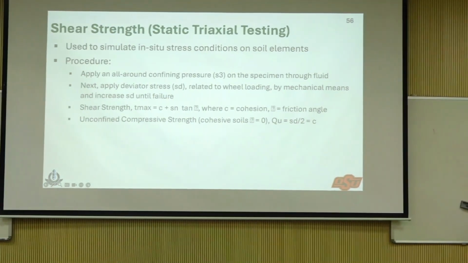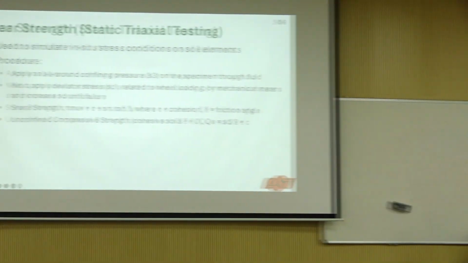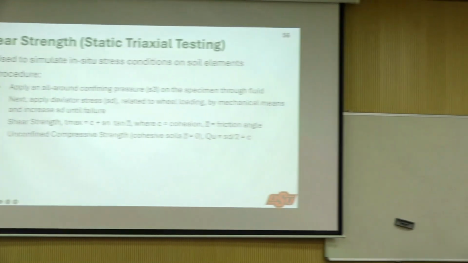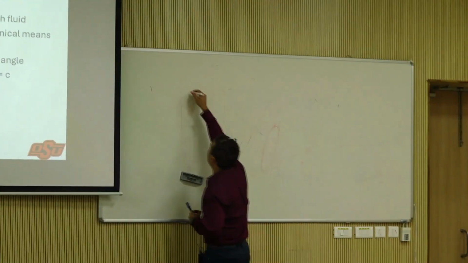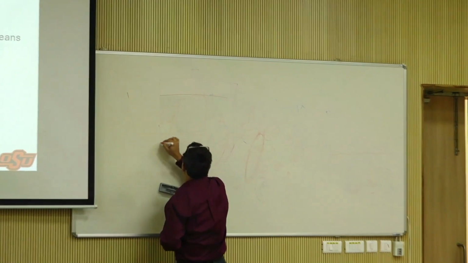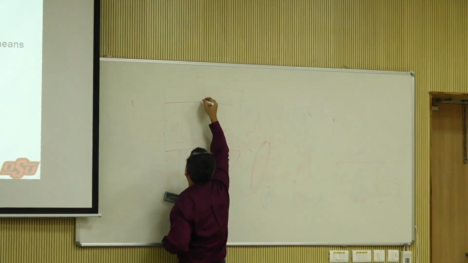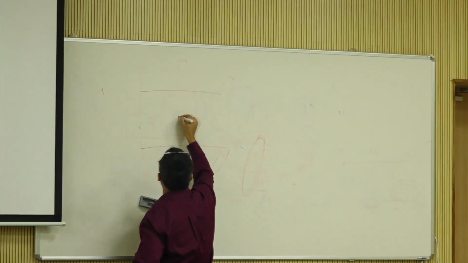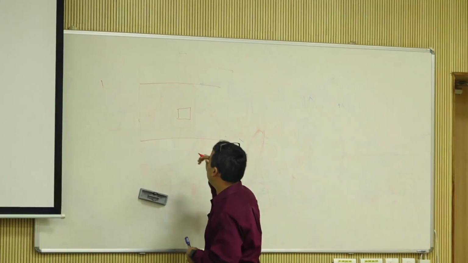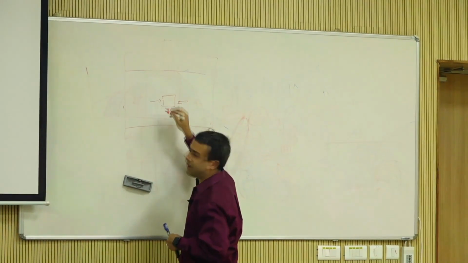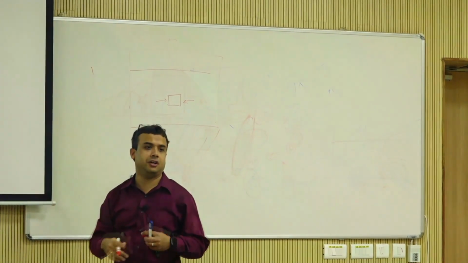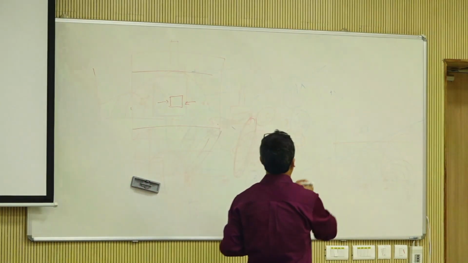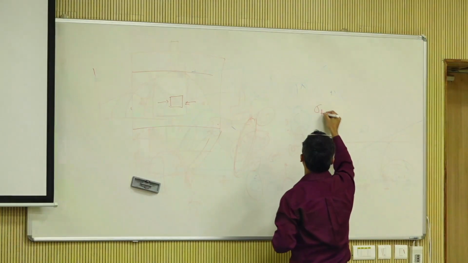A couple of questions for you to pay attention to: we said that we also do what is known as the unconfined compressive strength test for pavement subgrades, right? And unconfined compressive strength is when there is no confinement. But if you are inside a layer, in a geotechnical engineering concept, and you're talking about a soil element here, the confining stress is because of the surcharge, the upper load. You geotech folks, do you remember sigma h prime is equal to what?